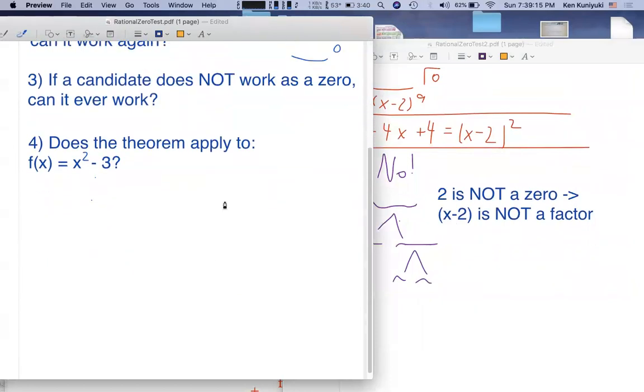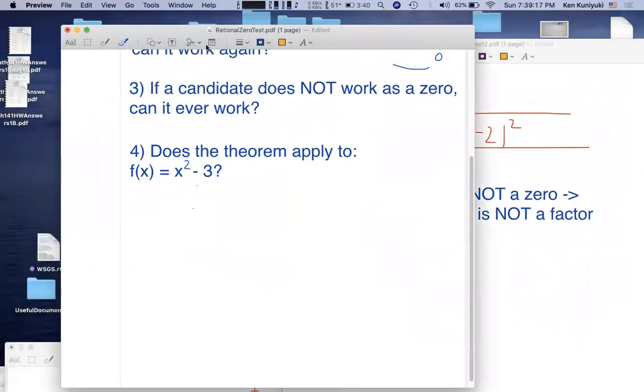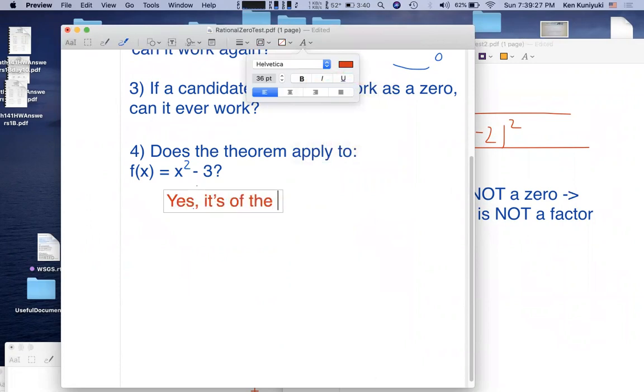4. Does the theorem apply to x squared minus 3? Actually, the answer is yes, but. Yes, it's of the right form, right? We have a polynomial in descending powers, integer coefficients. So the theorem applies.